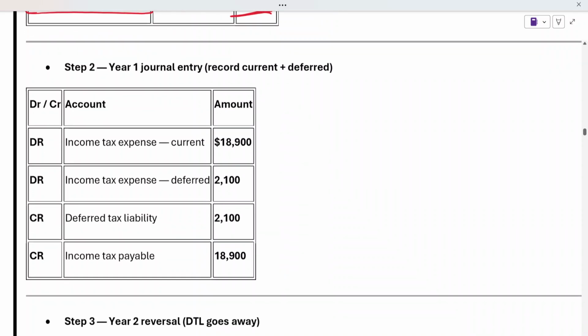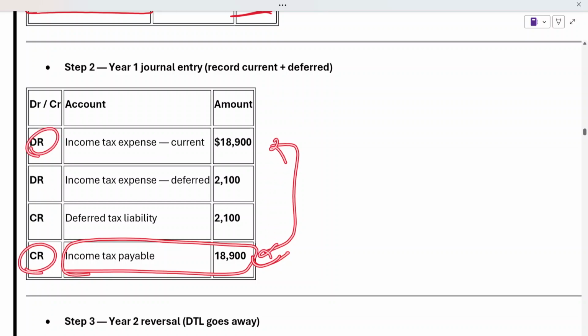So what journal entries will you be passing? You will say my income tax expense is 18,900, this is your expense, and all expenses are debited, so this is debited, and against this 18,900 there is an income tax payable, because you need to pay that amount to the government. So you say I have credited that 18,900 here as well.